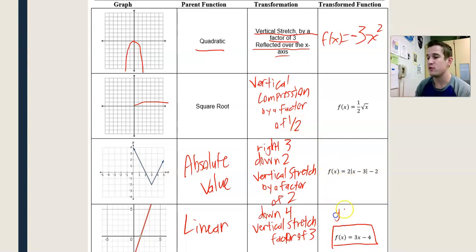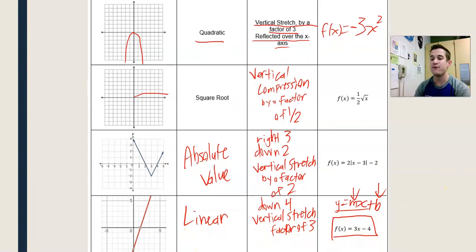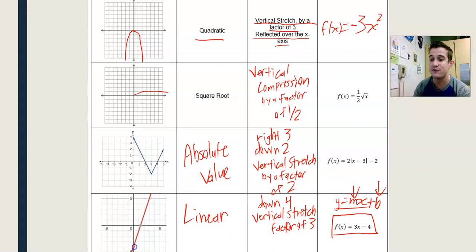So if you remember back, and this isn't super critical to know, I just like to point it out, if you look back into your math knowledge when you're talking about linear functions, they're written this way, y equals mx plus b, where m is the slope, b is the y-intercept. Notice, I shifted down 4, so there at -4 is my y-intercept.